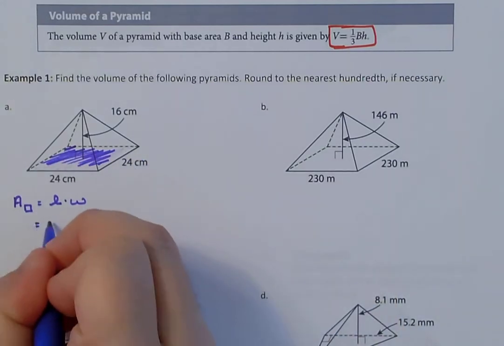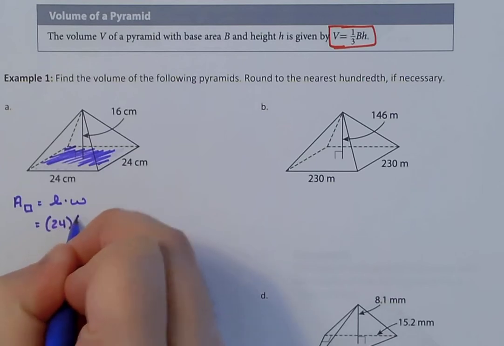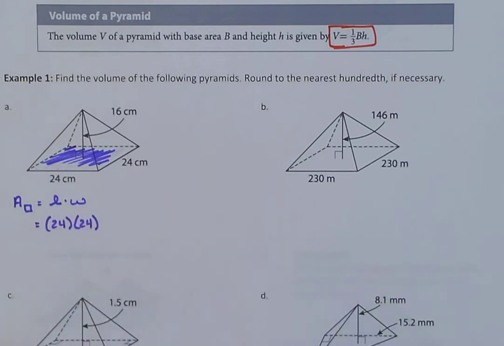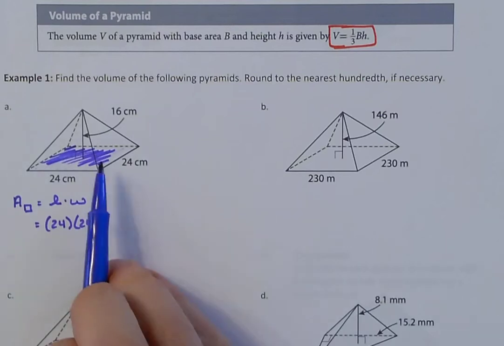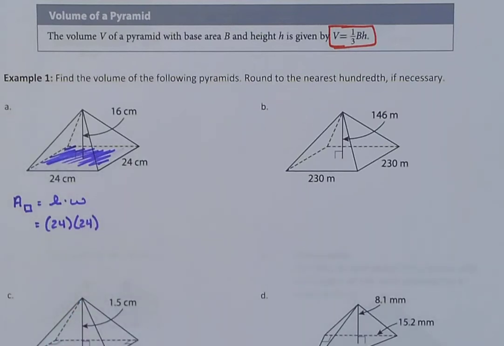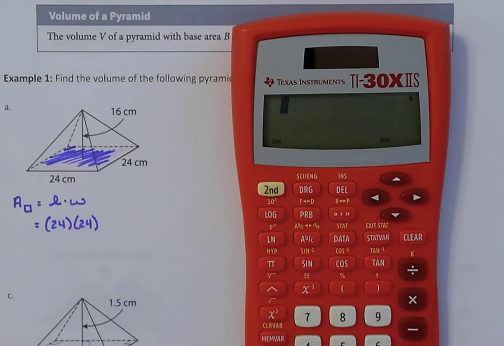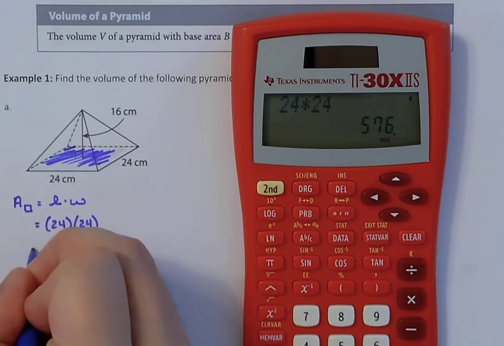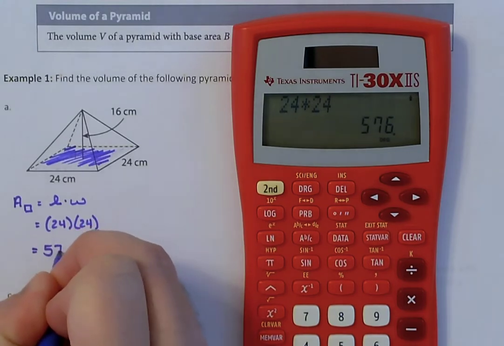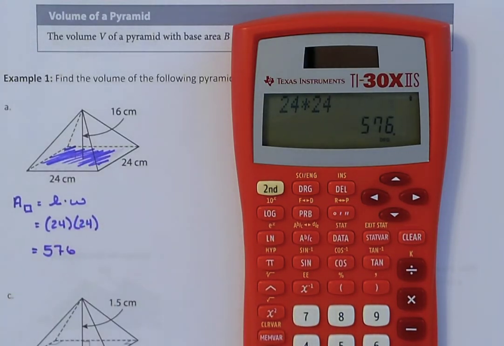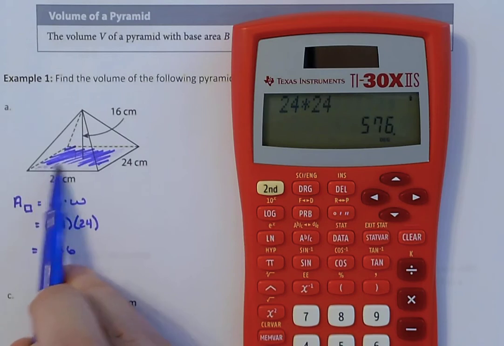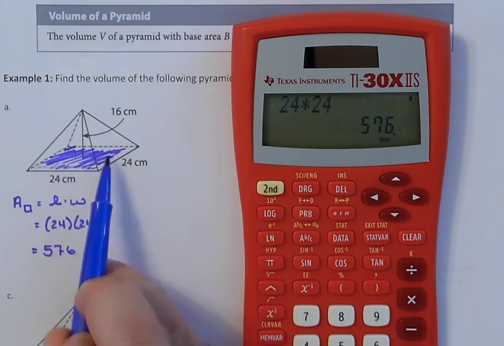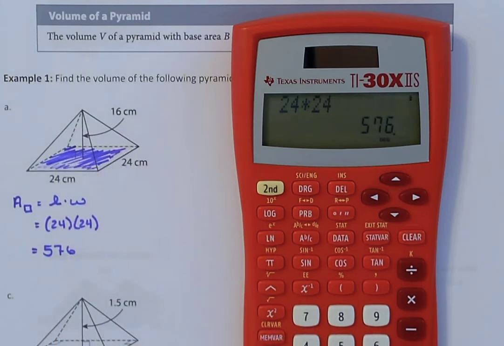So we're going to do 24 times 24 to find the area of this base. If we use our calculator, 24 times 24, we end up with 576. So 576 centimeters squared is the area of this rectangular base, that purple shaded area.